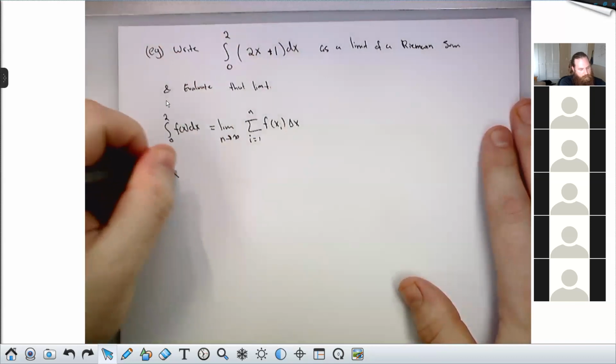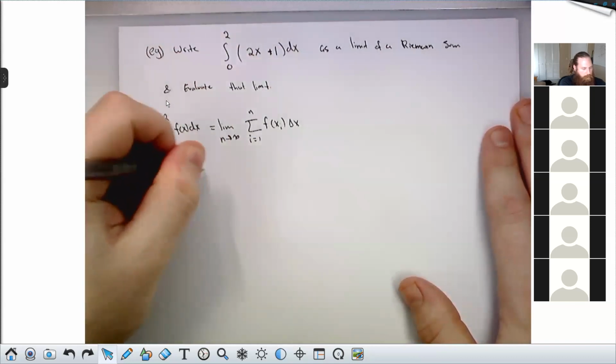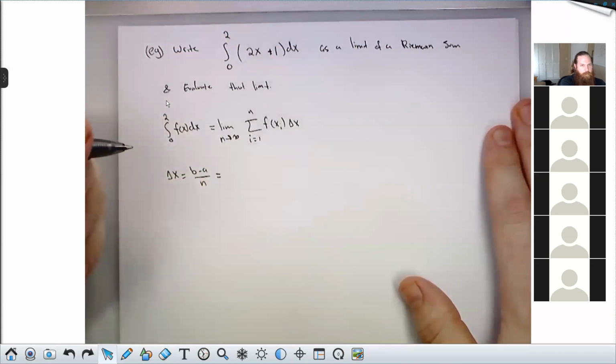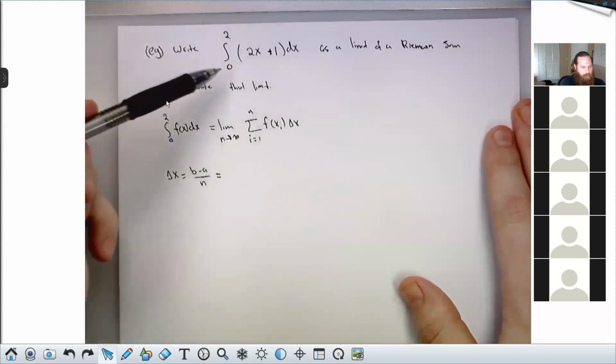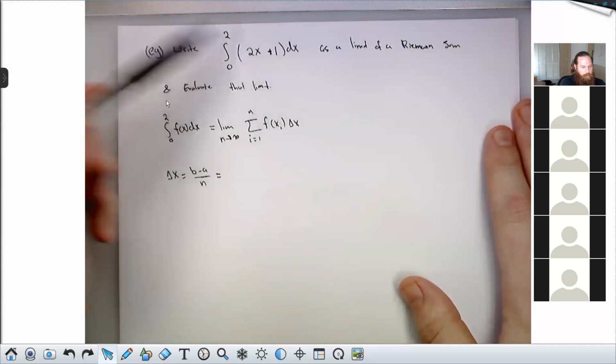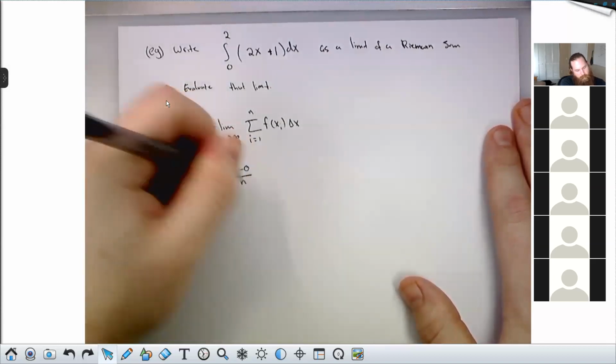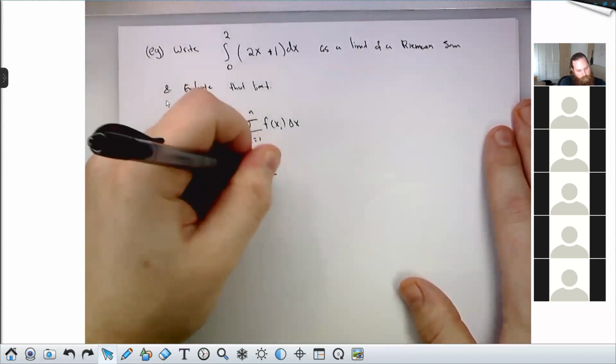So delta x is always b minus a over n. What are a and b here? a is 0 and b is 2. So delta x here is just 2 over n.